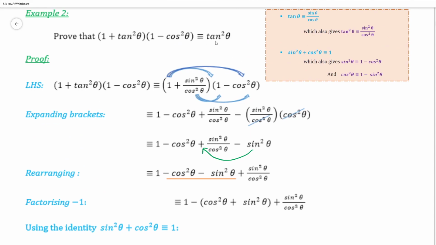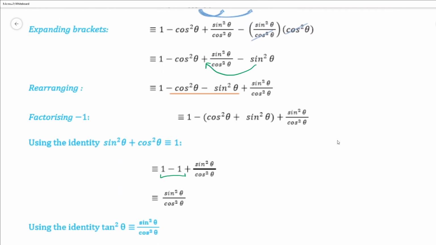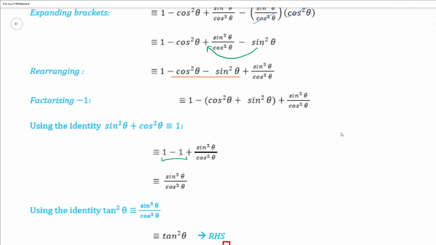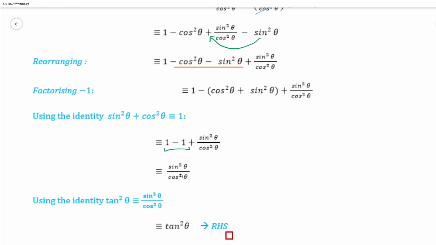So on the right hand side, again, we are proving that this left hand side is equal to tan squared theta. Alright, so on the right hand side, I need tan squared theta. Once we get to this point where I have sine squared theta over cos squared theta, I'm going to use the identity tan squared theta equals sine squared theta over cos squared theta, and same applies backwards as well.